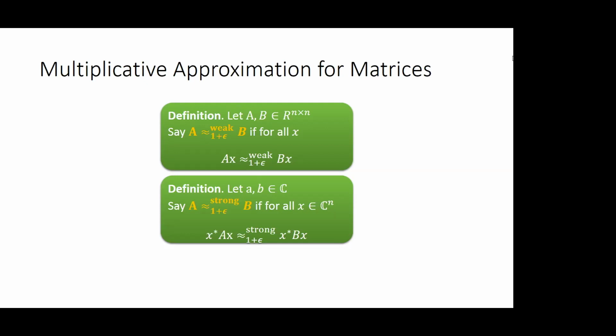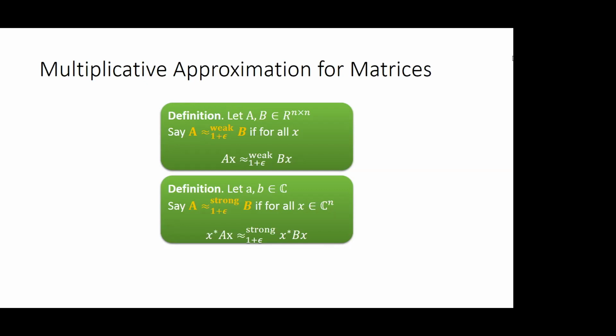Okay, thanks. If x is a real vector, then you can take the transpose of both these equations and add them, and it's equivalent because the transpose of a scalar is just itself.